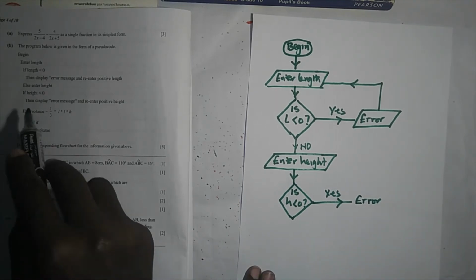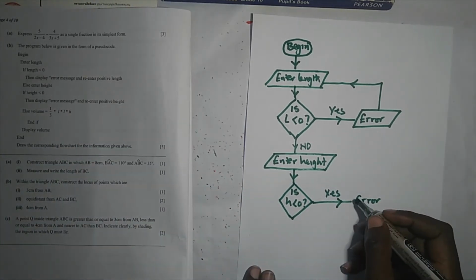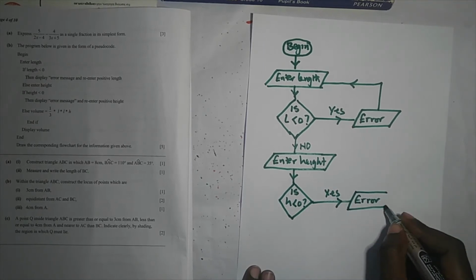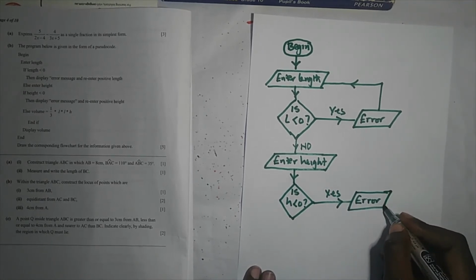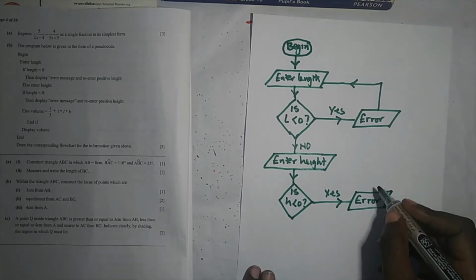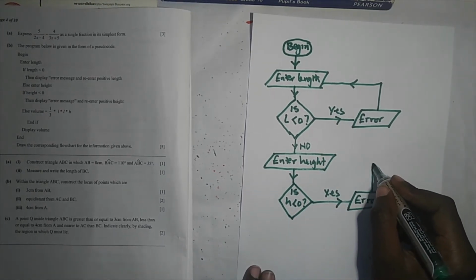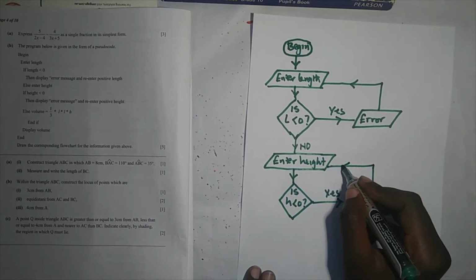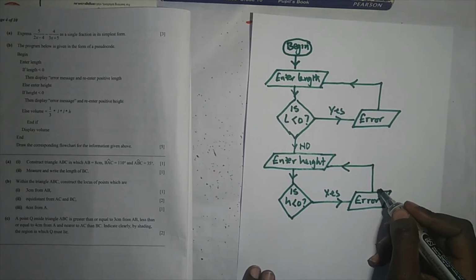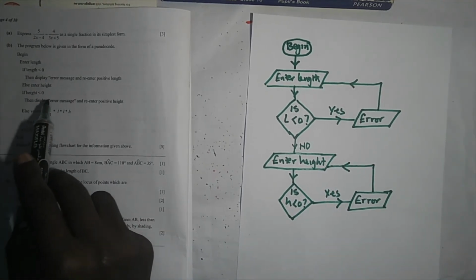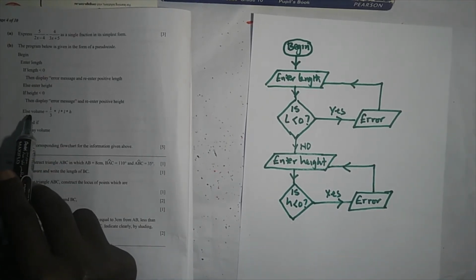You can even write the whole statement, but I'll just write error here, and then you put it in a parallelogram. The error goes in a parallelogram. You have to re-enter the height, so the arrows will go back up to there, re-entering the height.